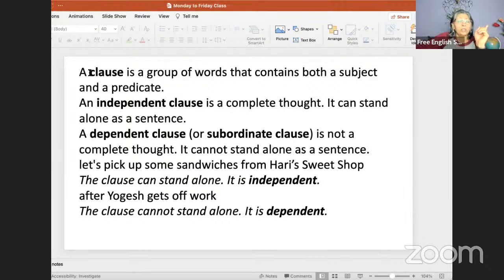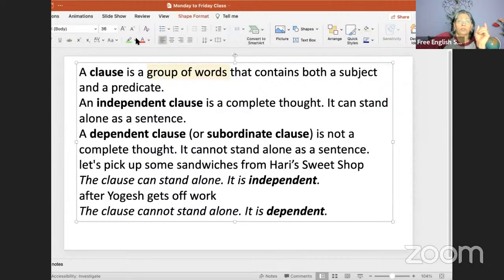A clause is a group of words, not one word, a group of words. That contains means what do they have? They have both a subject and a predicate. Who is the subject and what is it doing, what is its action, right?